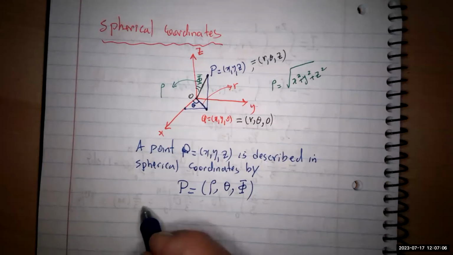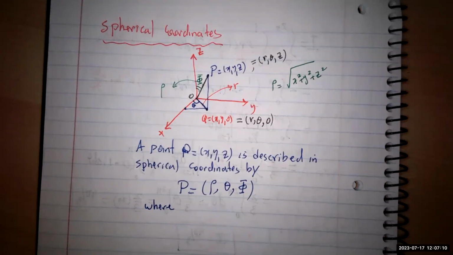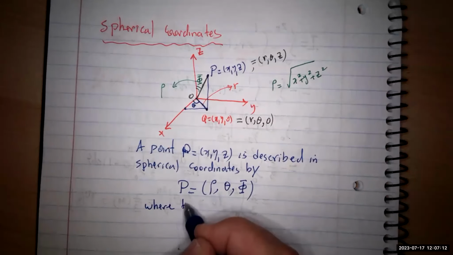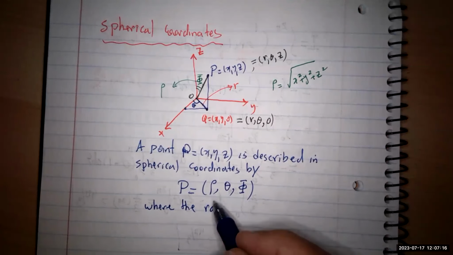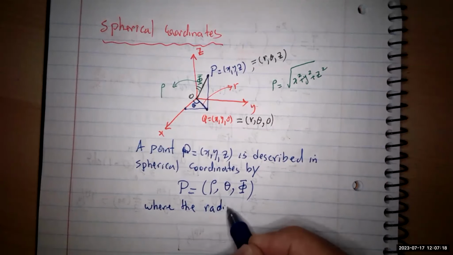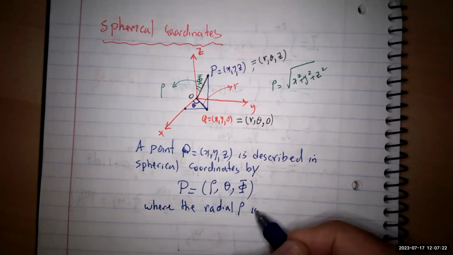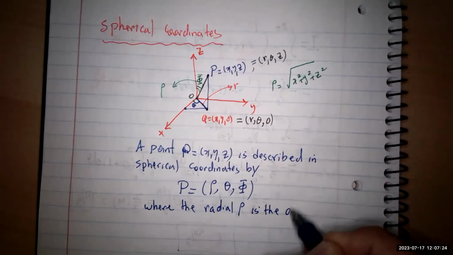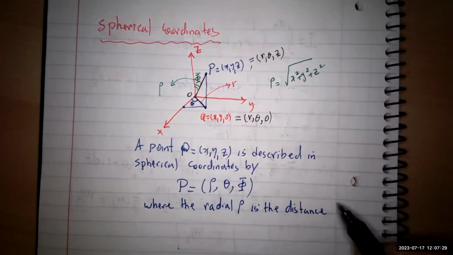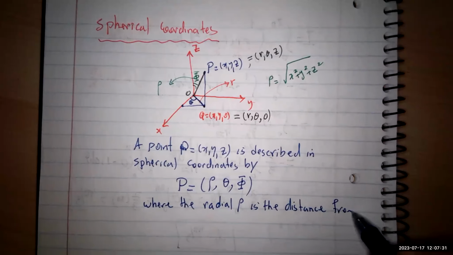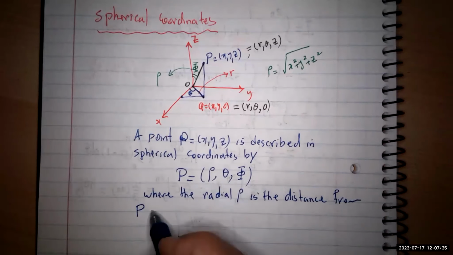Now this rho, which we call the radial distance, is the distance from the point P to the origin.